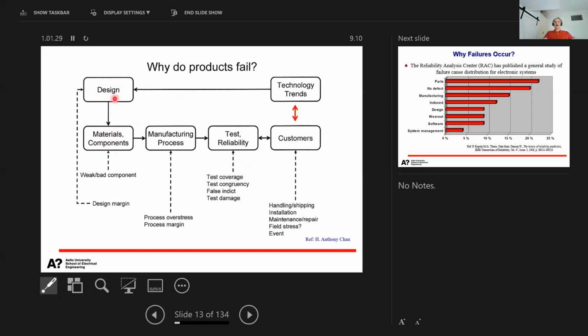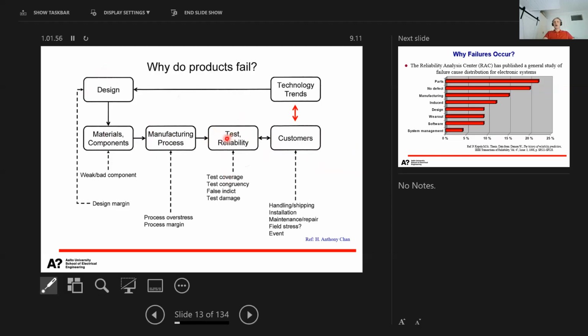And then based on the design there's the material selection, and based on the material selection, you have the manufacturing process, because you need to use certain types of processes in order to manufacture, let's say assemble, certain types of components. And then from the customer requirements, as well as from all these, come the requirements for the testing.